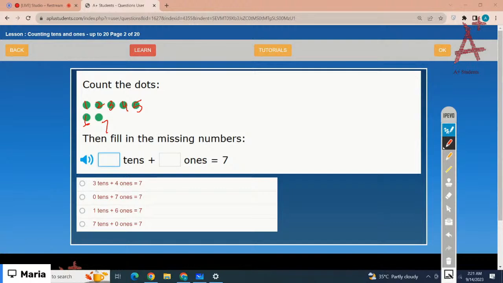So, how many tens and how many ones do we have? You have only 7, right? And when you have only a one digit number, that would be at the ones place. So you have no tens, you have 0 tens and 7 ones, right?